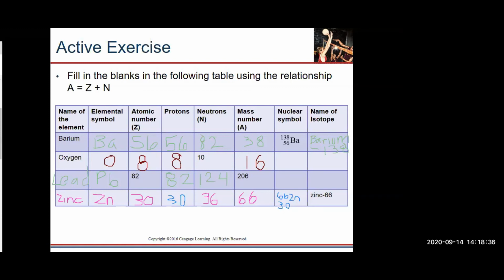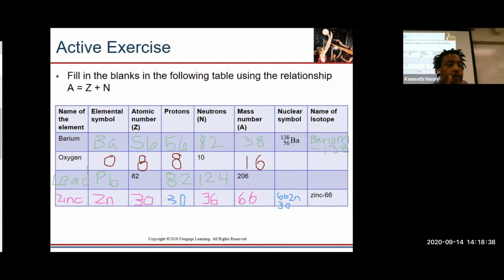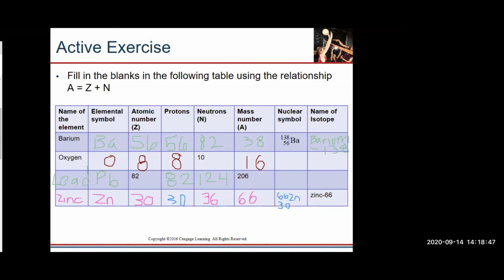Okay. Piece of cake. Everybody agree or disagree? Our group agreed. So that mass number.